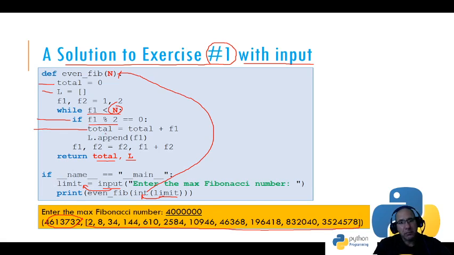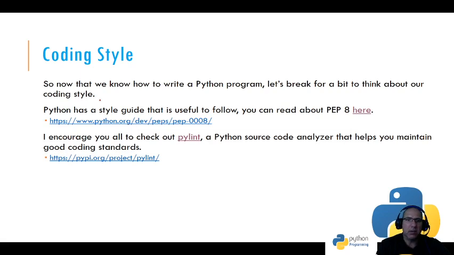So there is a syntax that we need to follow in Python, and there is a convention that we need to follow in order for other people who read our code to understand it. So it's very important to go and study the guide that will show you how to develop your Python code in a highly readable way.